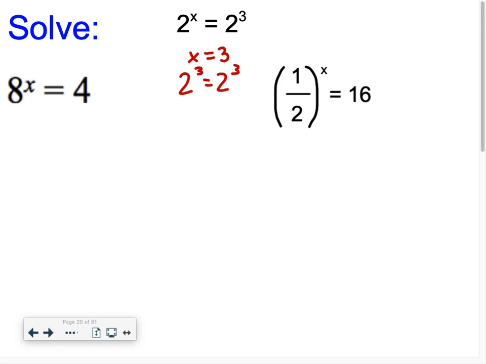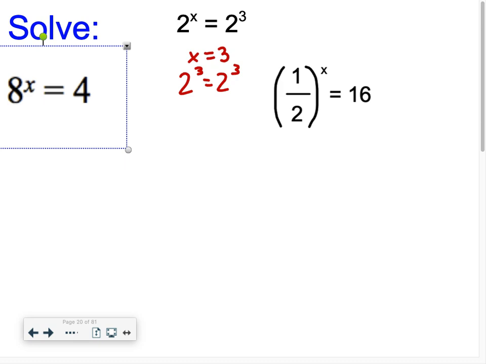8 equals 8. Okay, now if you look at this example, 8 to the x equals 4. Well, my bases are not the same. So using the strategy from above, if I can get my bases to be the same, then I can just set the exponents equal to one another. So you need to decide, is there a common base between 8 and 4?